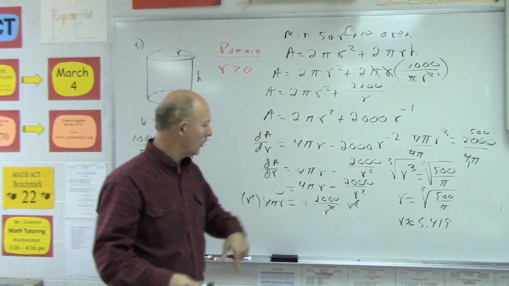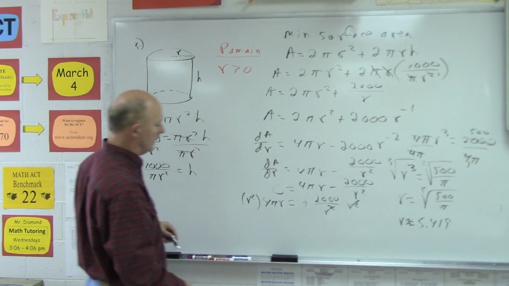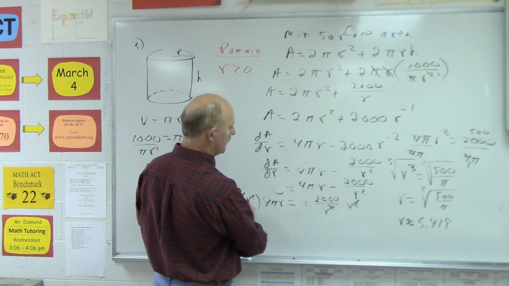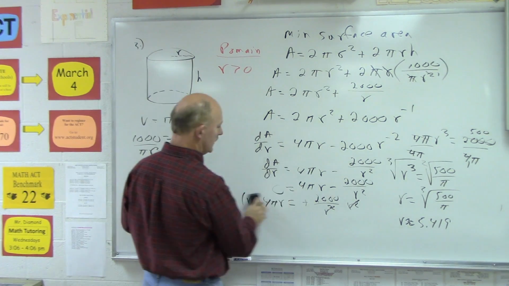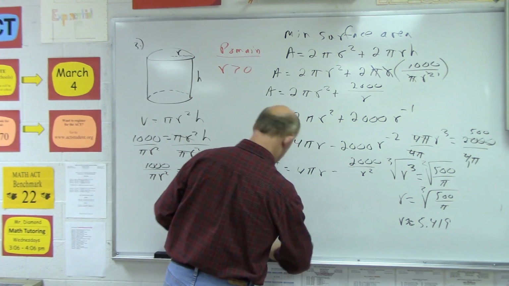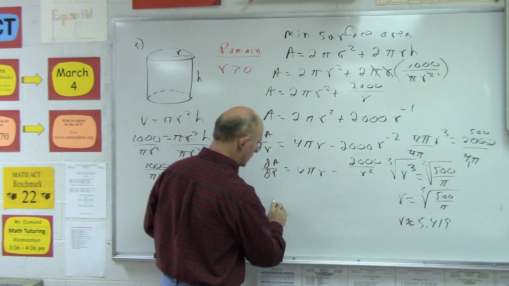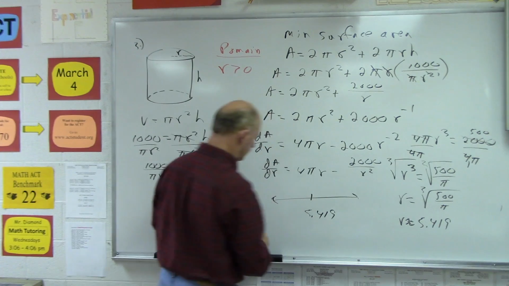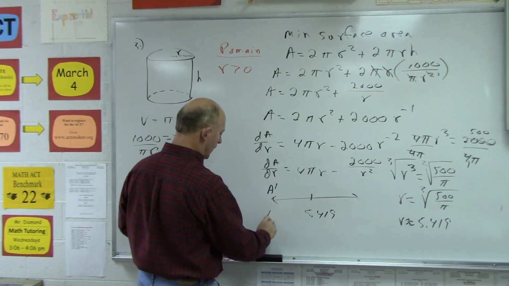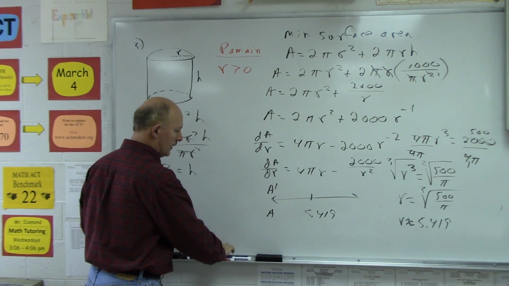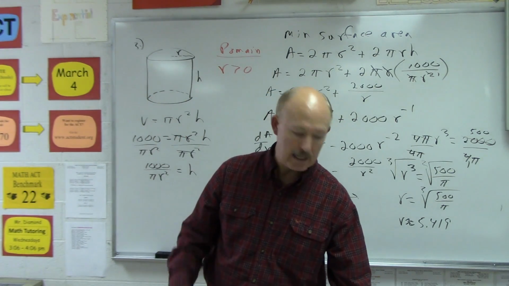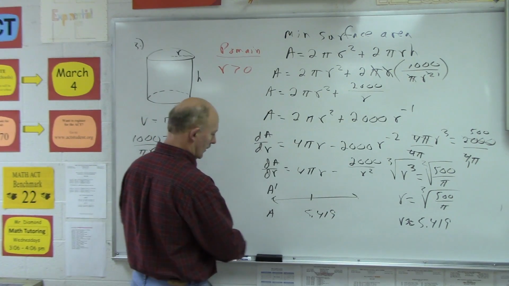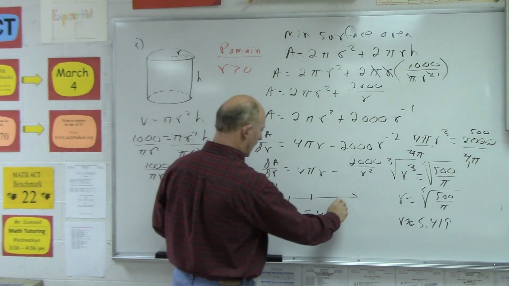Now let's put this on a wiggle graph. I'm going to have to erase some of this. So this will be 5.419, and this will be A prime and A, our surface area. Now when I check this using the first derivative test, I use positive 1 and positive 6.